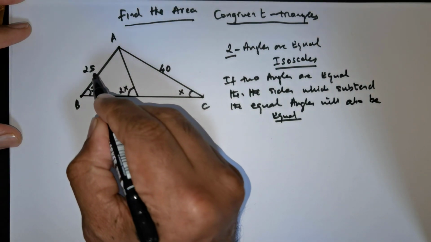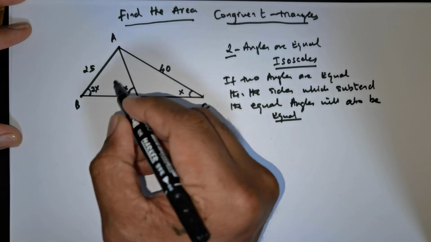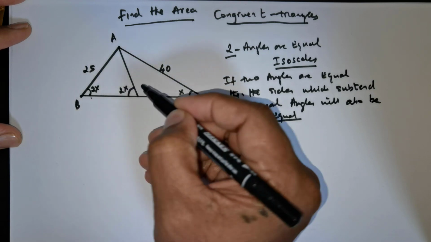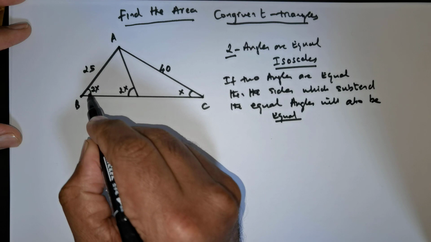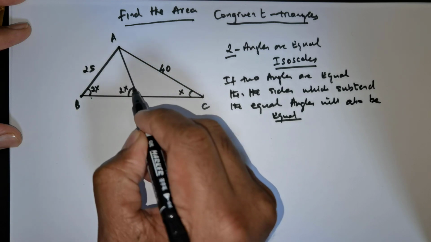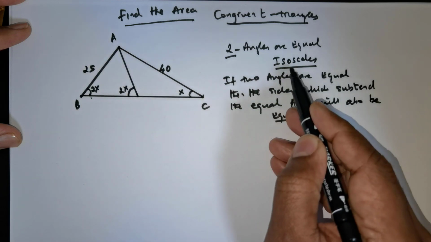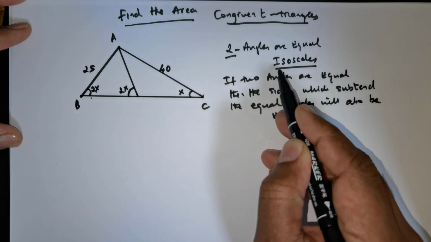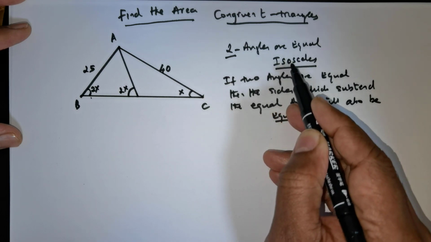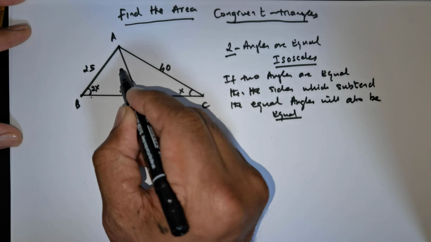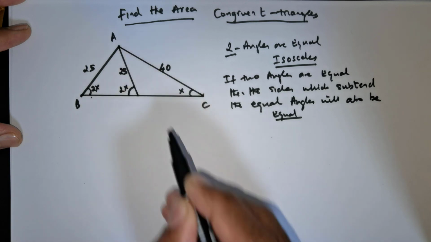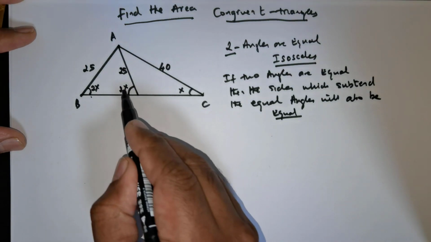Clearly this is 25, it's given. These two angles are formed to be equal. In fact, this is 2x, it's given, and we created this. Based on this property, the criterion that judges for isosceles, I can outrightly state that this is also 25. Fair enough. Now this is an exterior angle.